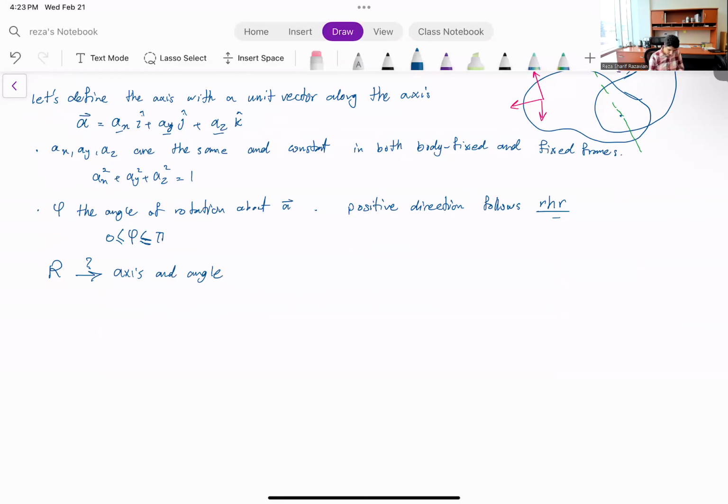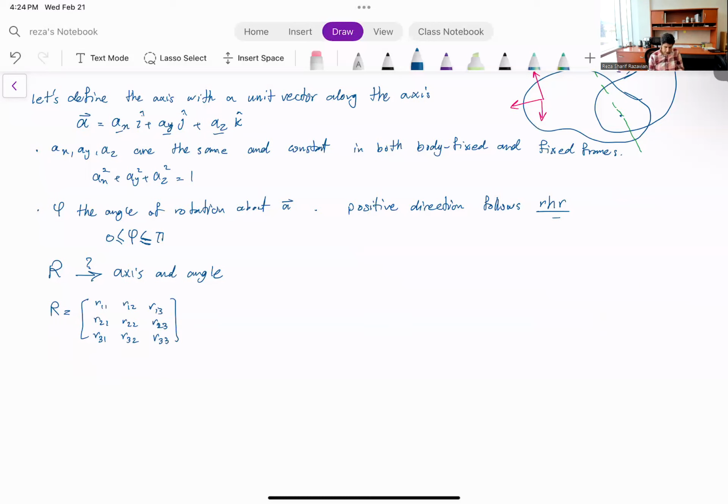For this, let me define my R. Let's pretend I know this R: R11, R12, R13, R21, R22, R23, R31, R32, R33. This is my rotation matrix.